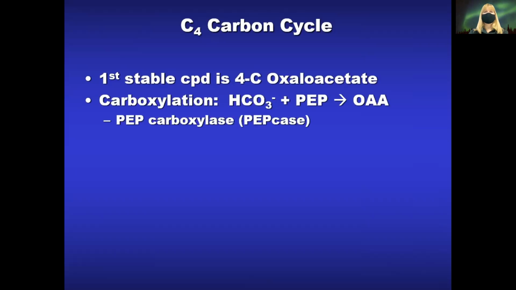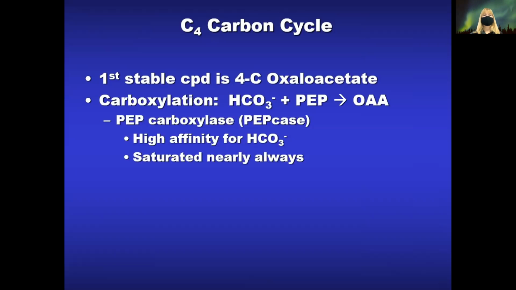PEPcase is a wonderful enzyme in the sense that it has a really high binding affinity for CO2. It will not take oxygen into its active site. So there's no competition. This enzyme will take CO2 and react it with PEP, and that's it. And so that's good. You don't have this wishy-washy, sloppy enzyme creating issues. And when they do the tests in the lab, the biochemists will say, yep, this enzyme's really efficient.